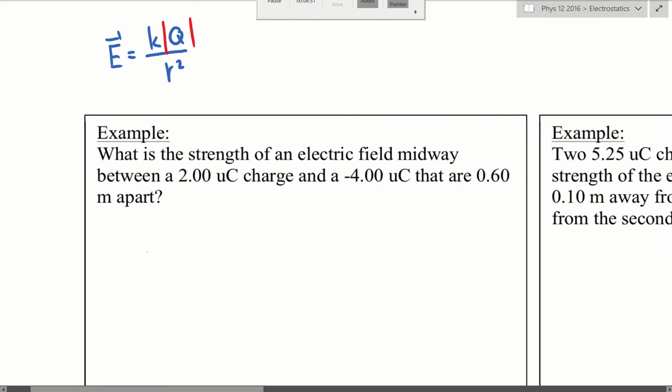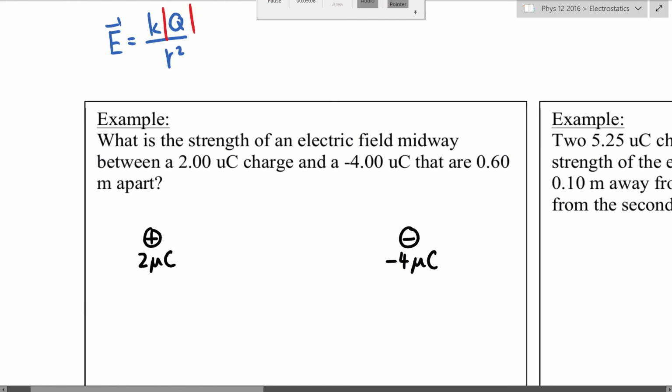Okay, so let's draw the situation. First, there's a positive charge. It's 2 microcoulombs. Microcoulomb is times 10 to the negative 6. Now we have a negative charge right here, which is negative 4 microcoulombs. Let's say these two charges are 0.6 meters apart, and we want to find the strength of the electric field midway, that means right in the middle between these two.